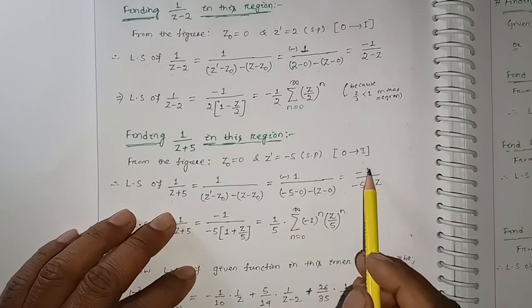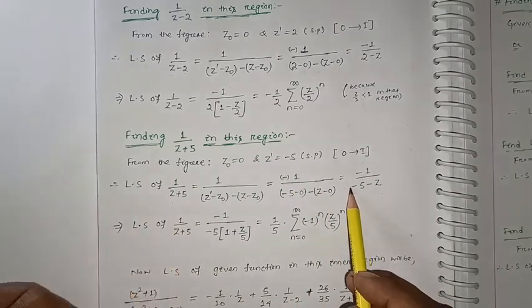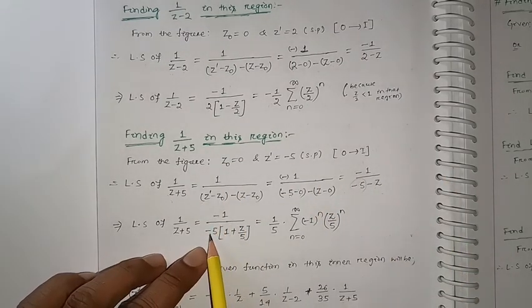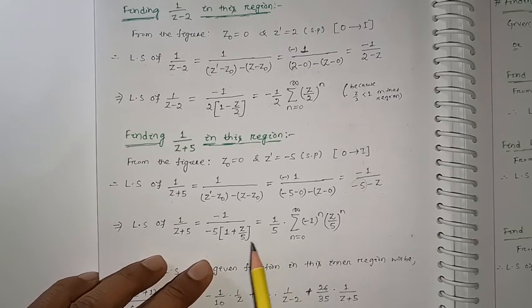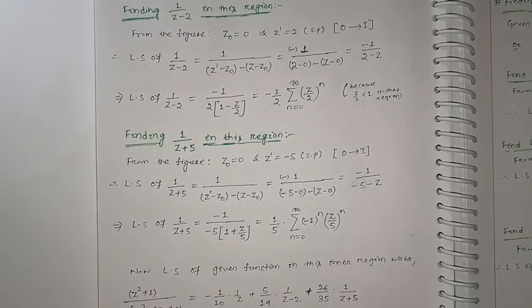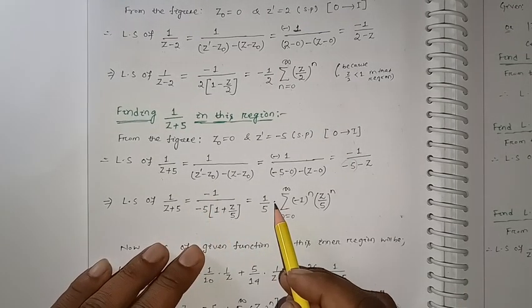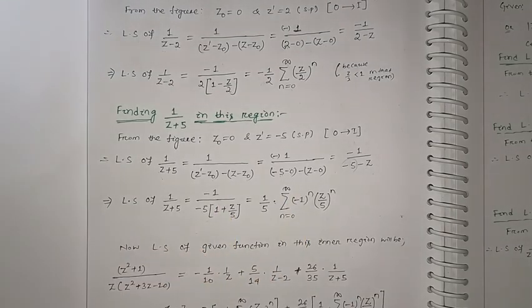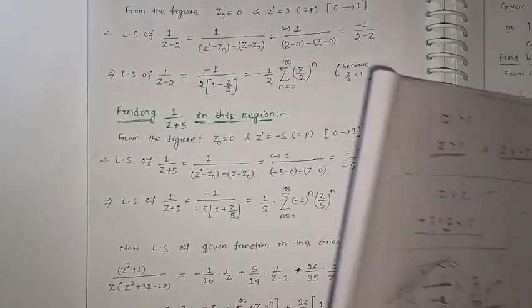So minus 1 over the first term, minus 5, and the second term is minus z. For the first term, minus 5 is taken outside, so it will be minus 1 by 5 into the whole 1 plus z by 5. You can check z by 5 will always be less than 1 in that particular region. So minus minus got cancelled: 1 by 5 into summation over n equal to 0 to infinity of minus 1 to the power n, z by 5 to the power n.